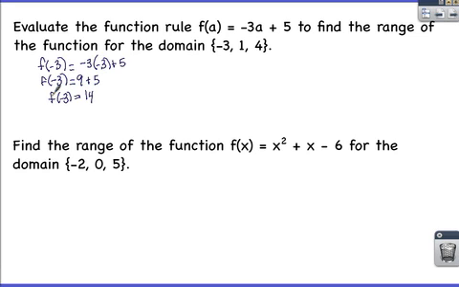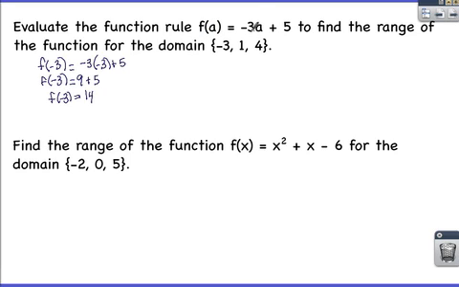Now keep in mind that this means f of negative 3, not f times negative 3. A common mistake when people are first learning this is to want to now divide both sides by negative 3 in order to isolate an f, but that is not what we are doing here. This is a notation for a function rule. So f of negative 3 we found to be 14.